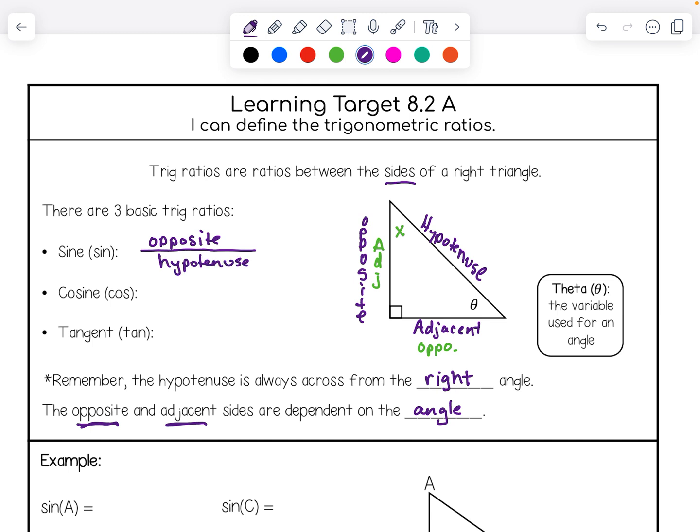We remember sine by the word SOH, so. Cosine, we remember as CAH. It's the adjacent side over our hypotenuse.